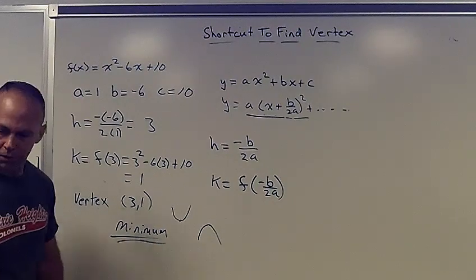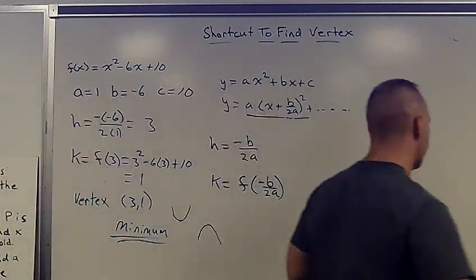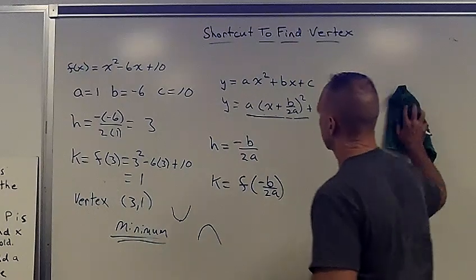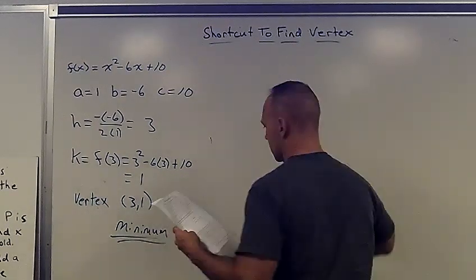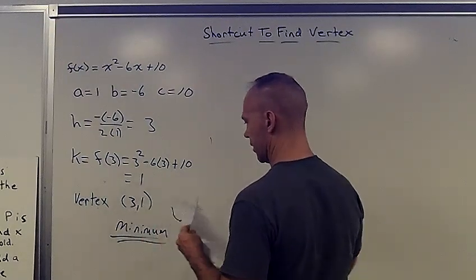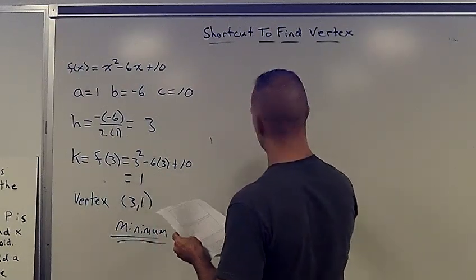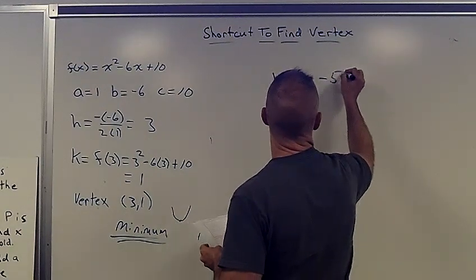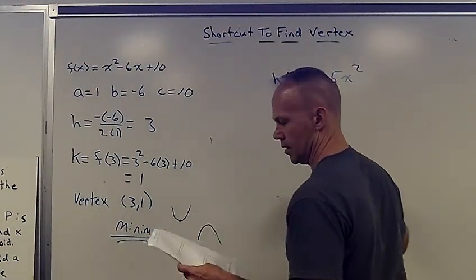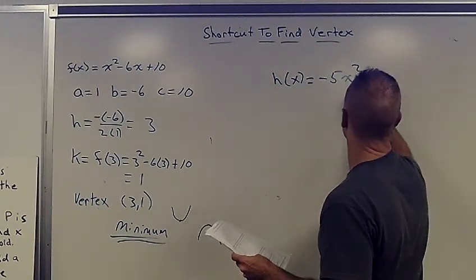All right. Well, let's have you try one. So let's take a look at h of x equals negative 5x squared minus 20x plus 16.